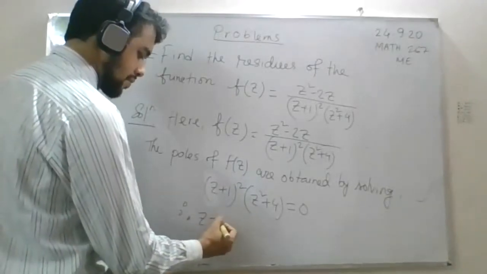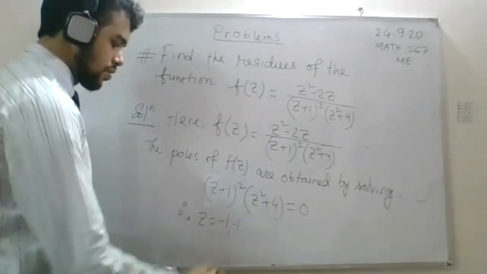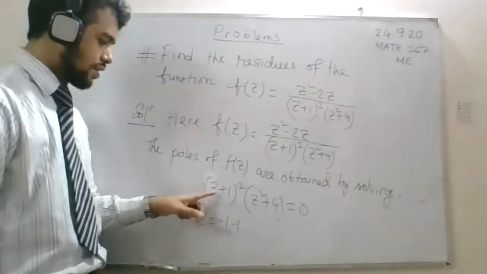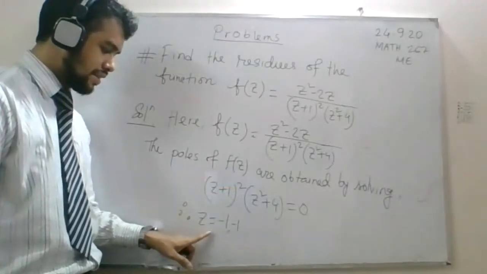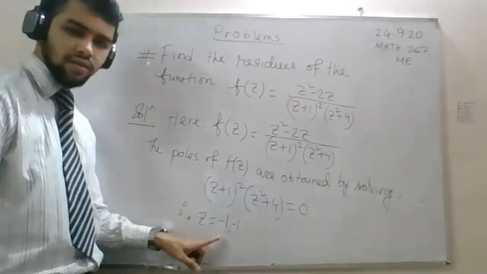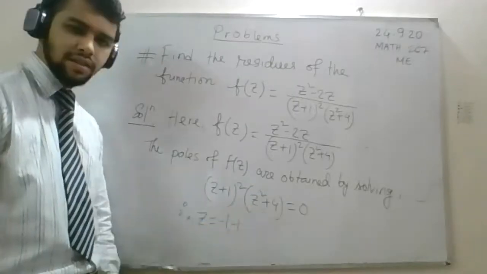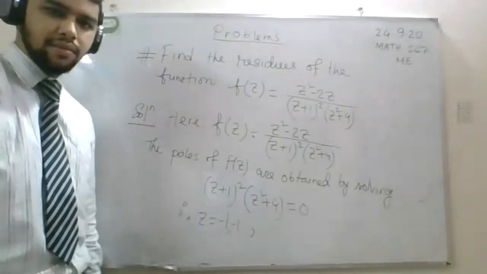One of them is minus 1, minus 1. Good. So z = −1 and also −1.